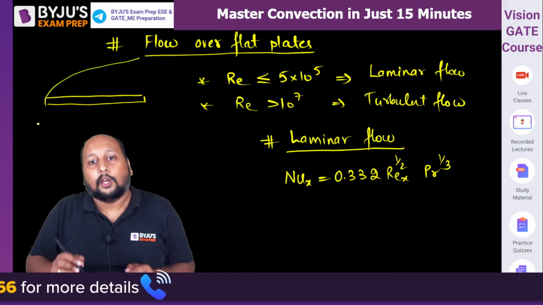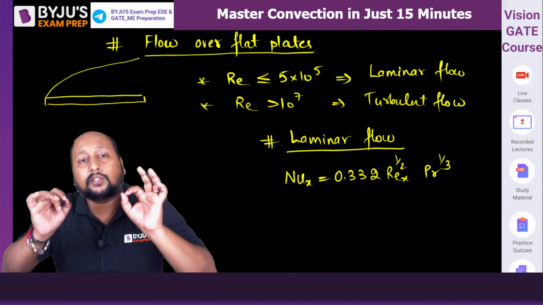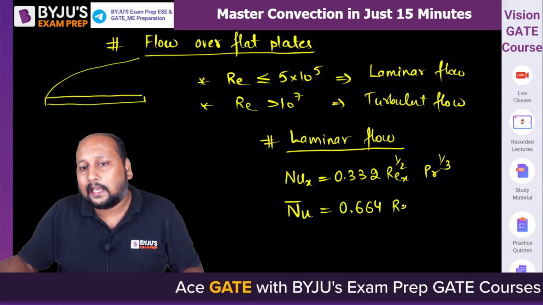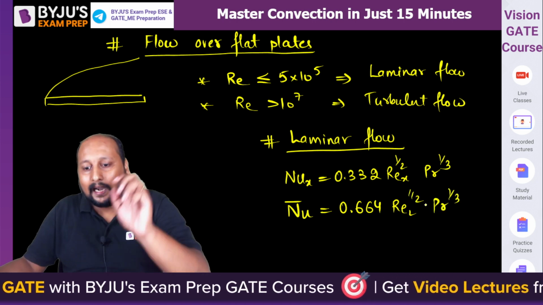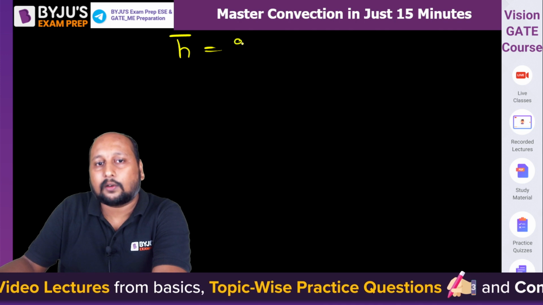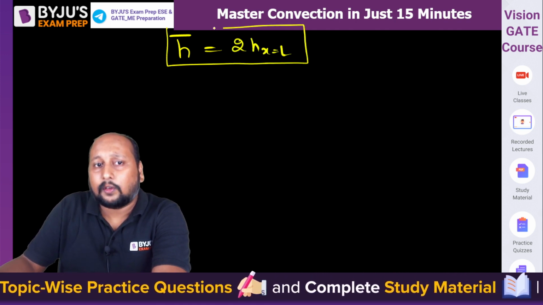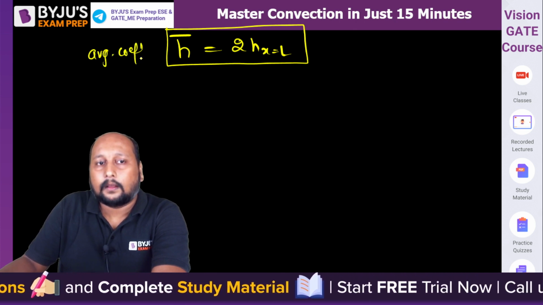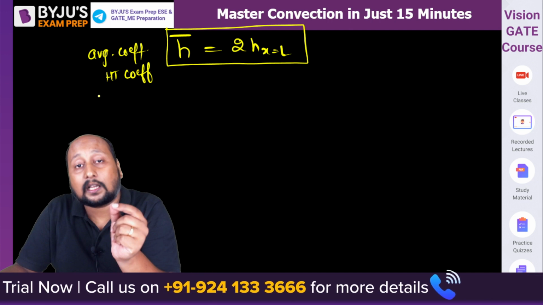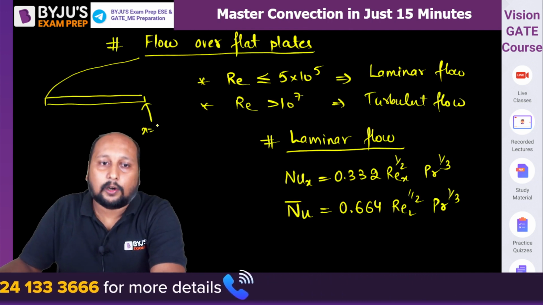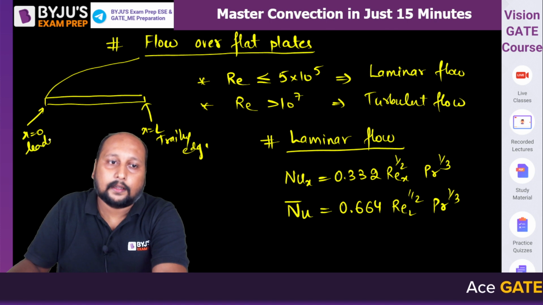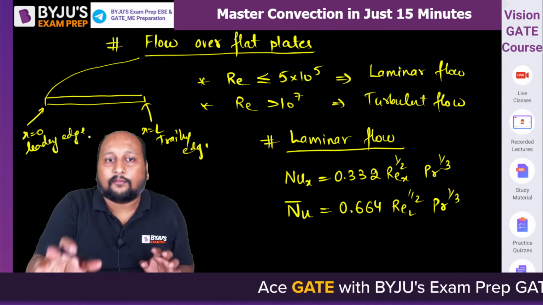To calculate the average Nusselt number, Nu bar is equal to 0.664 ReL to the power 1 by 2 Prandtl to the power 1 by 3, and the average convective heat transfer coefficient, h bar, is equal to 2 times hx at x equal to L. That means the average coefficient is 2 times the local coefficient at the trailing edge, x equal to L, while the leading edge is x equal to 0. So this is flow over flat plates for laminar flow.